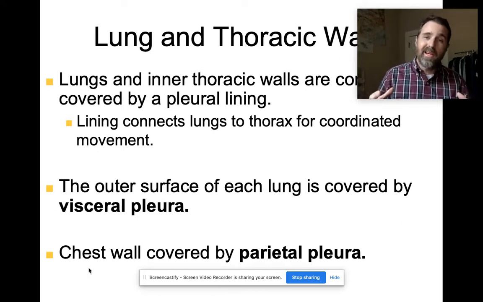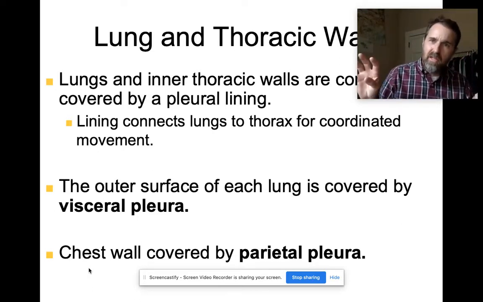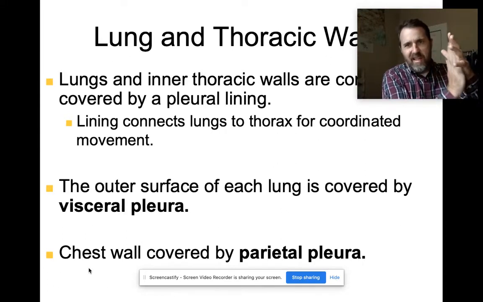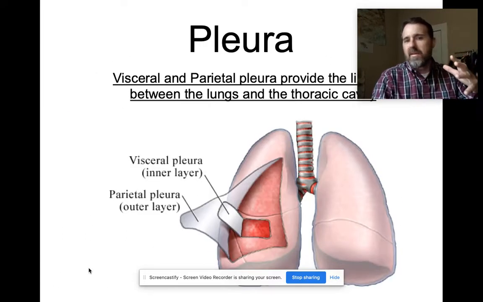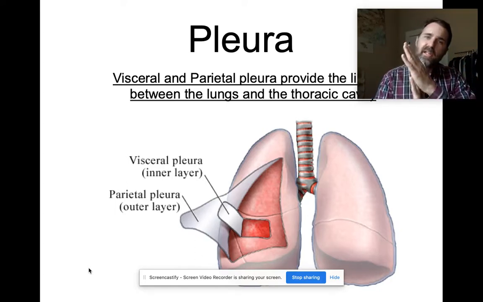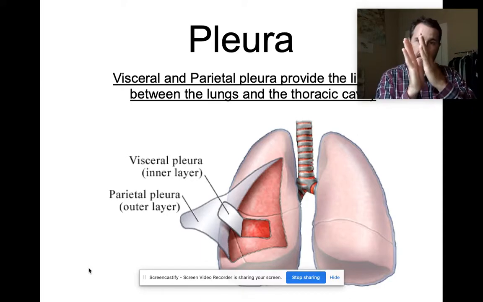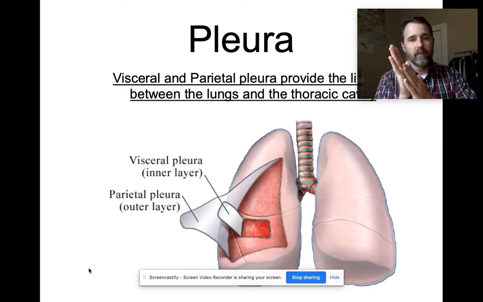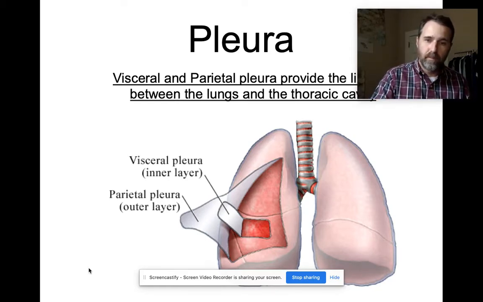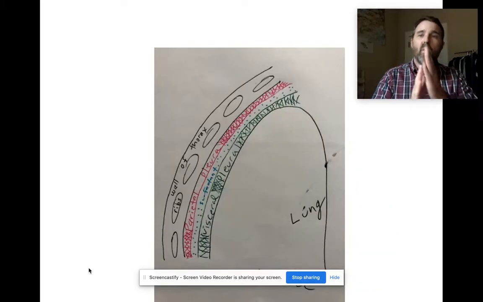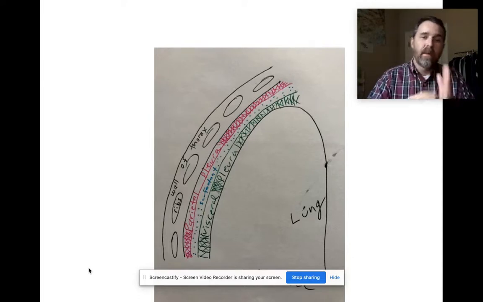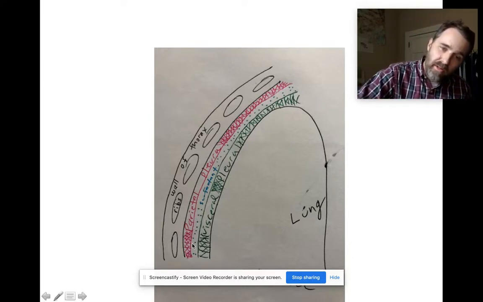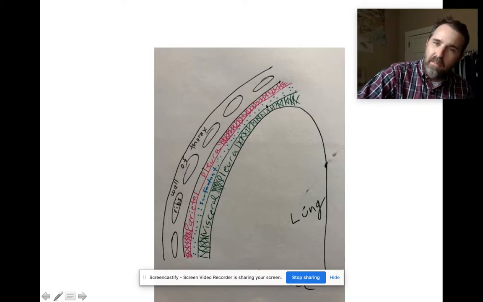You can think of the parietal pleura as being connected directly to the chest wall, but being slick and slimy and smooth on the outside. So there's no direct connection between the parietal and the visceral pleura. What there is between them is a fluid called surfactant. And this is a slimy, mucousy fluid.